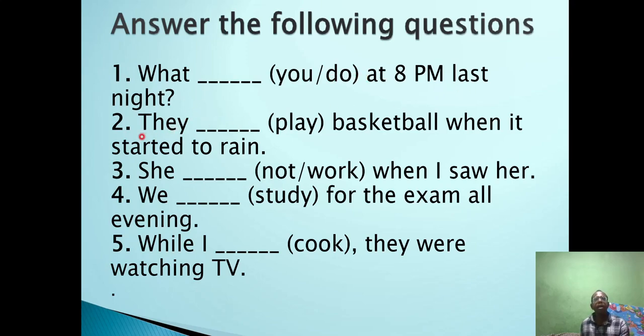Number two, they blank brackets play basketball when it started to rain. Number three, she blank brackets not slash work when I saw her. Number four, we blank bracket study for the exam all evening. And number five, while I blank bracket cook, they were watching TV.